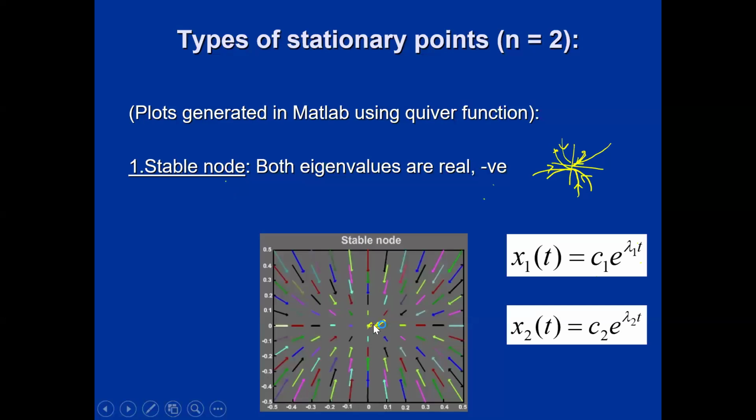It is stable because the origin is a fixed point, and we want to know whether it's stable or not. What does that mean? If I perturb the system from the fixed point, what happens? Will it come back to the fixed point, or will it just run away from there? If it runs away, then we call it an unstable fixed point. If it comes back to the fixed point, then you say it's stable. It's like a marble in a bowl.